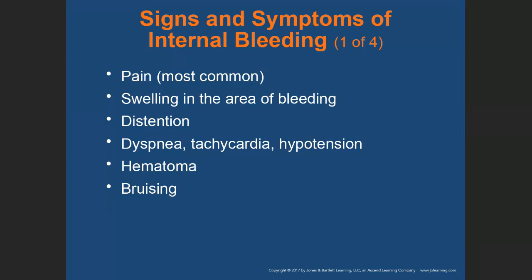And a hematoma is bleeding from a large blood vessel underneath the skin, and it can form anywhere on the body, but lay people know it commonly as a coco. Anytime somebody gets a coco, that's really a hematoma, but it's not specific to the forehead. A hematoma can occur anywhere on the body.